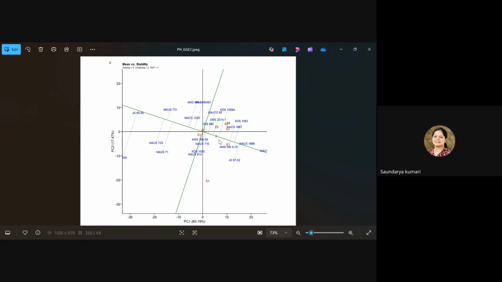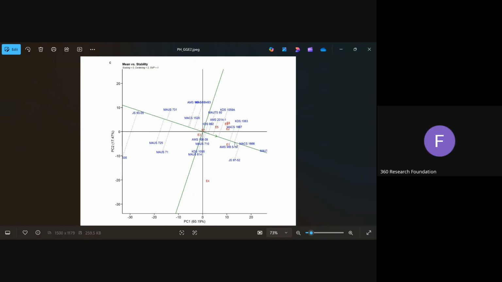And what about the one genotype, MAU3 something, that is on the arrowhead line? Does it mean it is more stable or more performing? No. From this graph we are just saying which genotypes are superior performing across the environments.